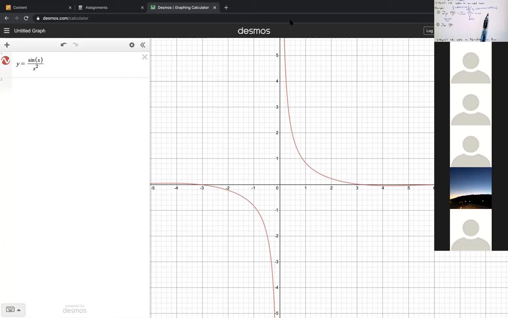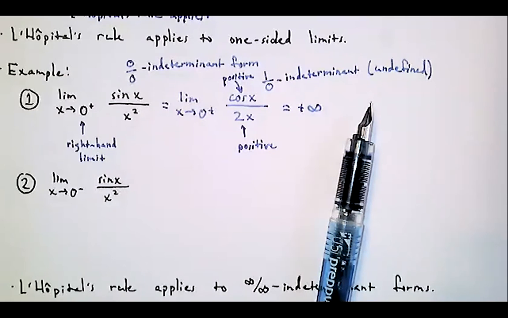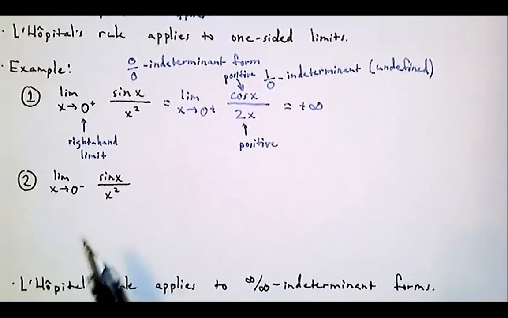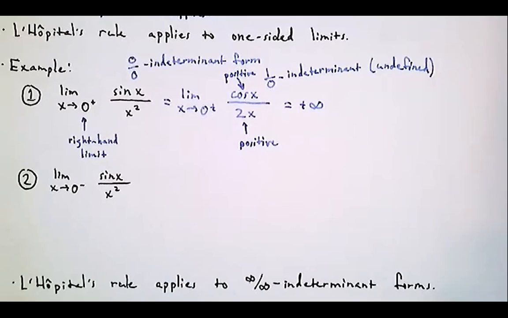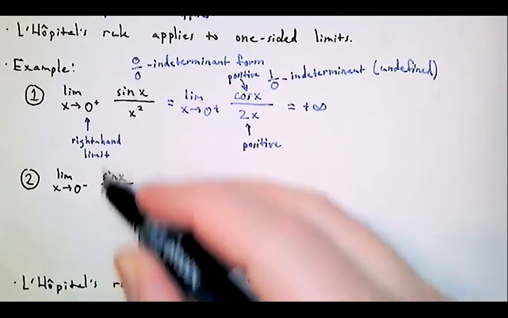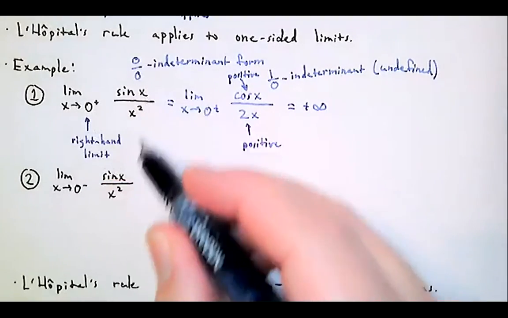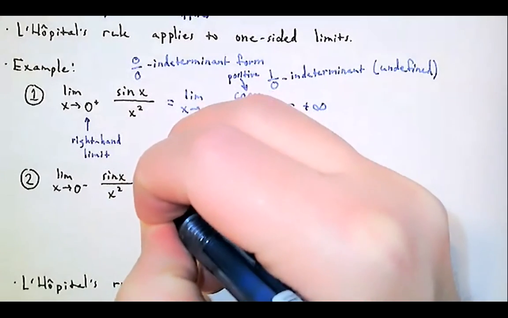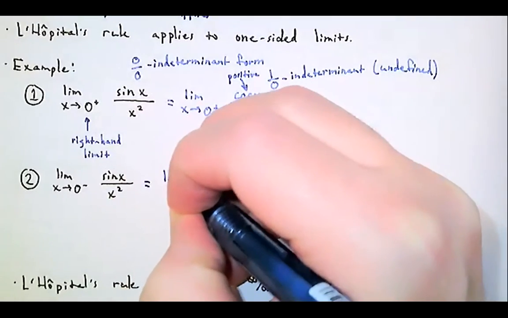I'm going to close this down, and then we should work through by hand the math of what's going on, because that's also a limit that works similarly to this one, because it's a 0 over 0 still, indeterminate form.